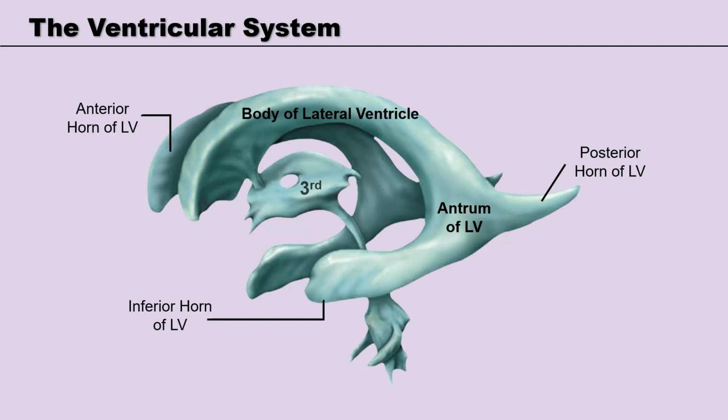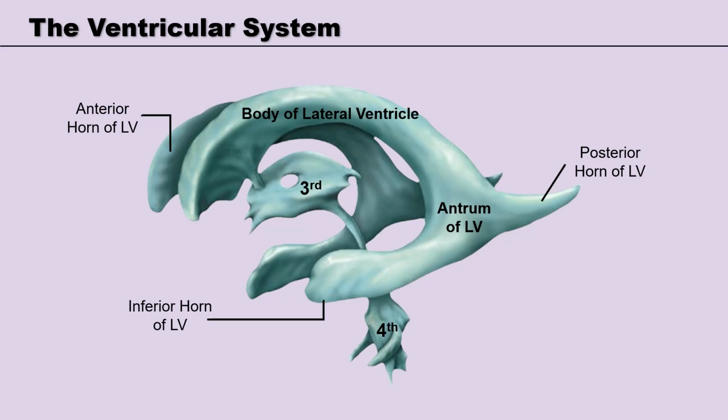The third ventricle is singular and sits in the midline of the brain between the two thalami. And the fourth ventricle is also singular and is the space between the pons and the medulla of the brainstem and cerebellum.